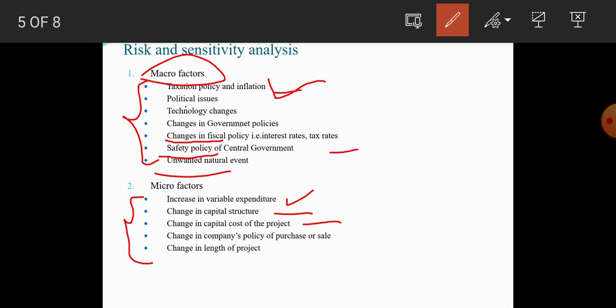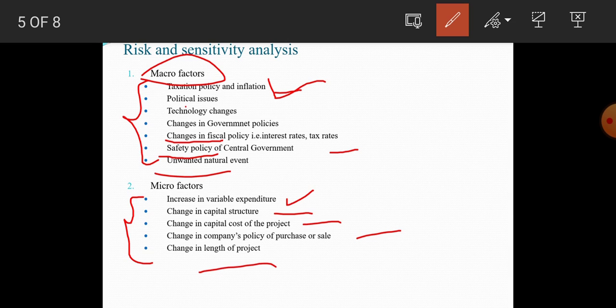So if the cost of the project is changed, these are minor factors. Change in company's policy of purchase or sale. So if company is thinking to change its purchase and sales policy, like if we are thinking to reduce or increase our margin, then that is company's policy.